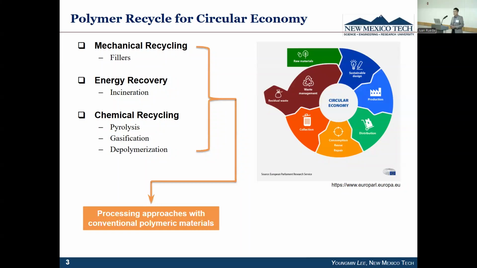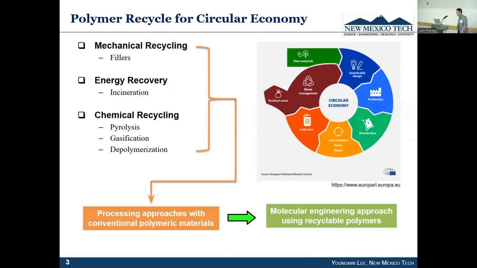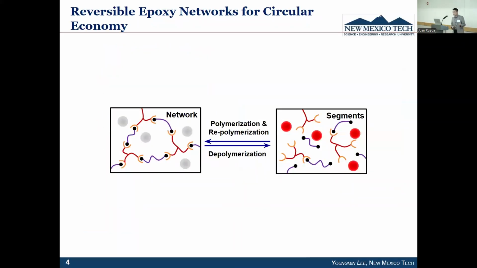But all of these are processing approaches with conventional non-reversible polymers. As a researcher in polymer chemistry and polymer physics, I want to take a molecular approach to develop inherently reversible polymers. So here we use a reversible network polymer and introduce reversible groups into the thermoset material, which is inherently non-reversible, so that we can make a reversible network structure.